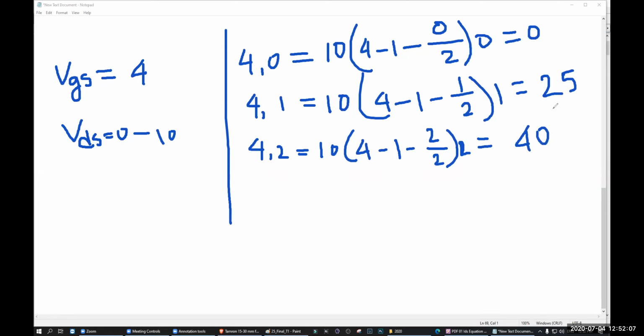See, it is increasing, right? So like our graph, it is increasing. Now 4, 3.